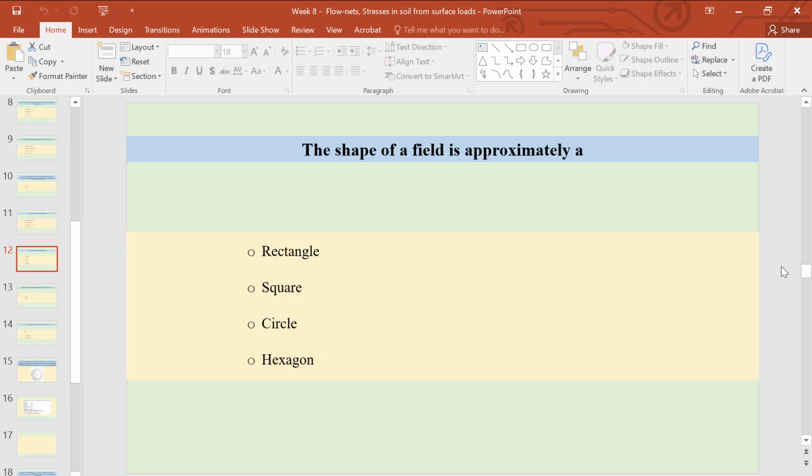I repeat the question. The shape of a field is approximately a: first option rectangle, second option square, third option circle, last option hexagon. Just a moment.